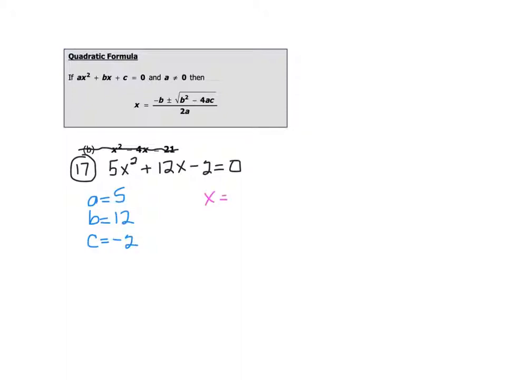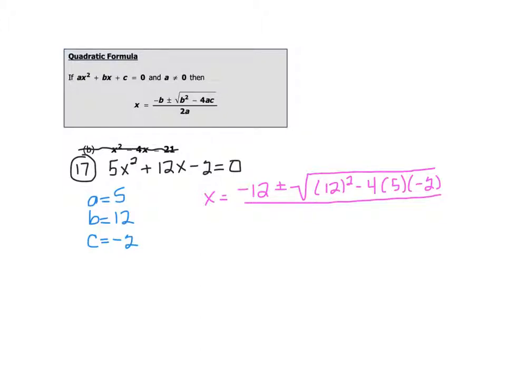So x equals negative b, which is negative 12, plus or minus the square root of b squared, which is 12 squared, minus 4 times a, which is 5, times c, which is negative 2. Now I put a fraction bar under all of this, and then I have 2 times a, which is 5.